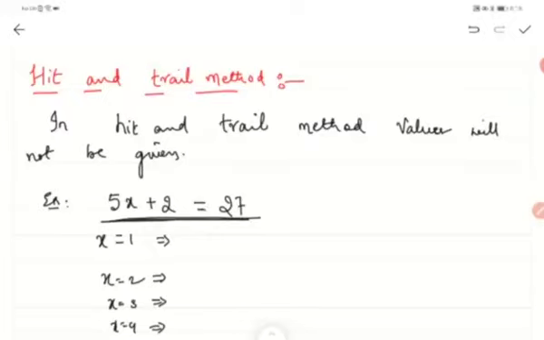By the hit and trial method, I'm going to find the value of x. Let me see if I put 1 in this equation. So I will keep 1 in place of x: 5 into 1 plus 2 is equal to 27.